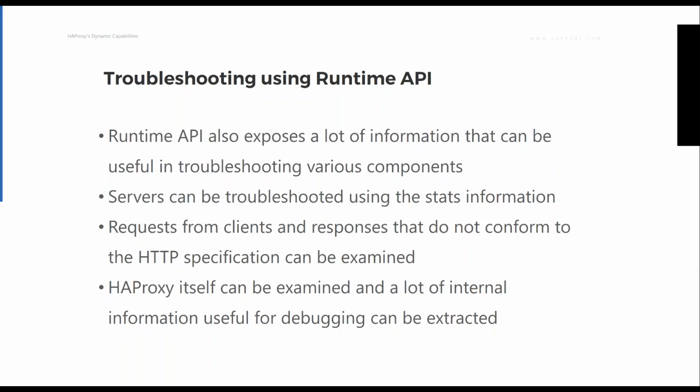So if, for example, you have a client that has sent a request and complains to you that he's getting a bad request response from HAProxy, you can simply use the Runtime API to ask HAProxy to show you the errors generated for each frontend and backend, and HAProxy will store this information for the last request that errored out, and will show you the exact position of the character that does not conform to the HTTP specification.